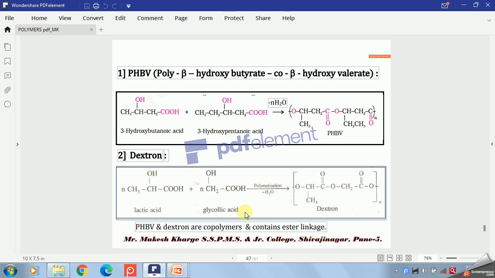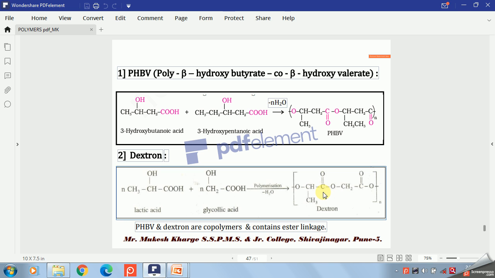Here also the OH of glycolic acid will attack the carbonyl carbon of lactic acid, and there is a removal of hydrogen from this OH and OH from this COOH group of lactic acid as water, and there is a formation of CO dash O CH2 CO linkage, and that linkage is nothing but dash C double bond O linkage.